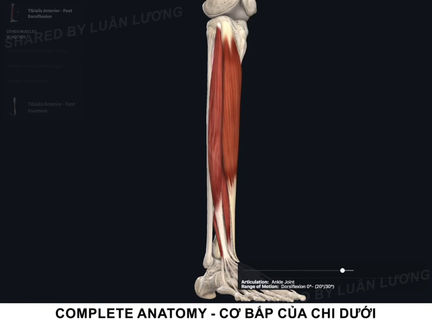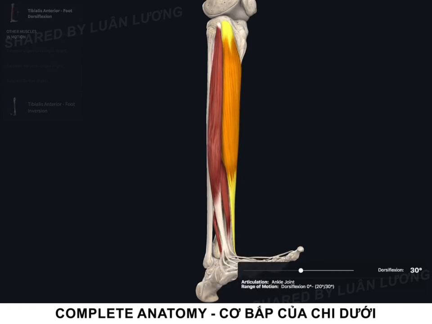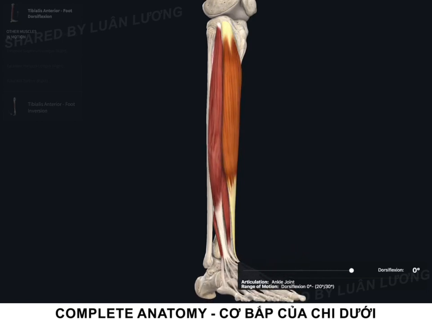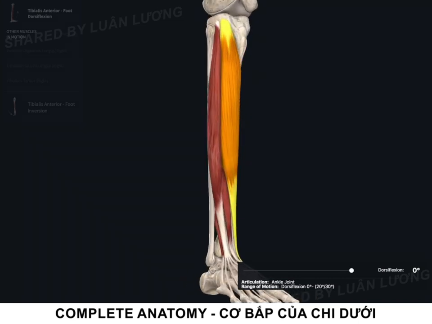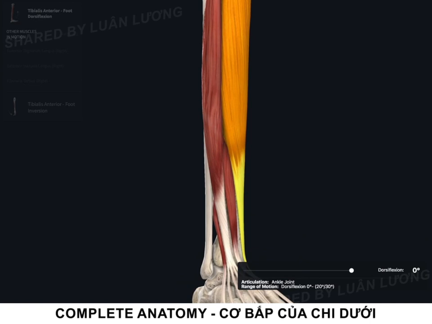Now, flexion is typically reducing the angle between two different regions. In this case, I can elevate the top of my foot and reduce the distance between that surface and the anterior aspect of my leg. So this group of muscles in the anterior compartment of the leg are all going to assist in this action of elevating the top of my foot, known as dorsiflexion.